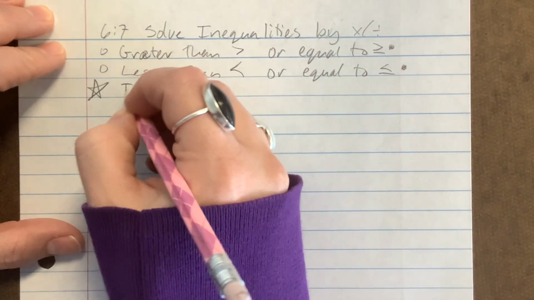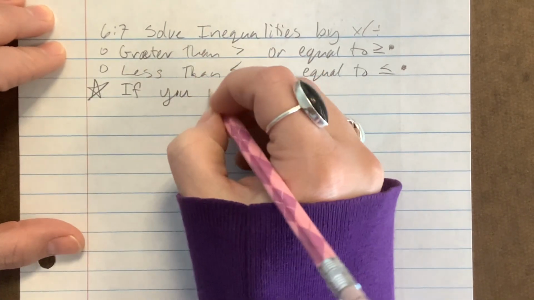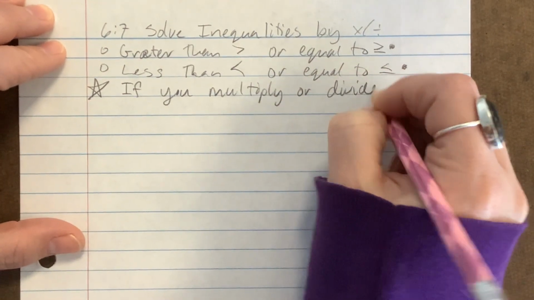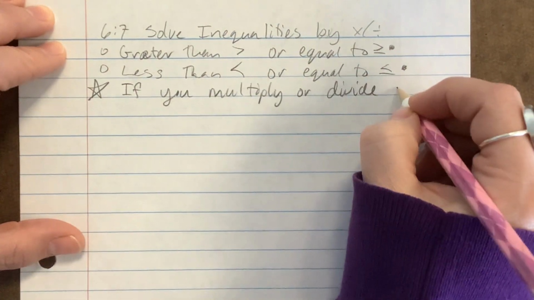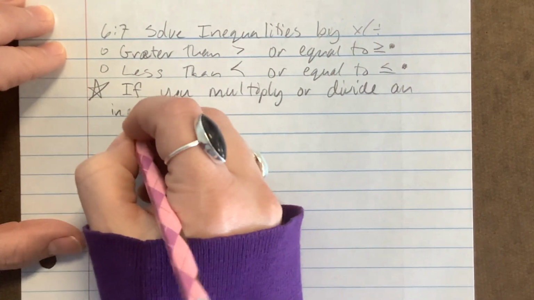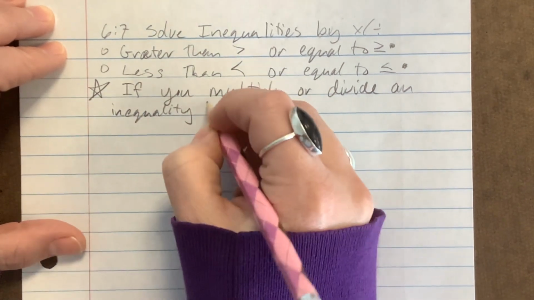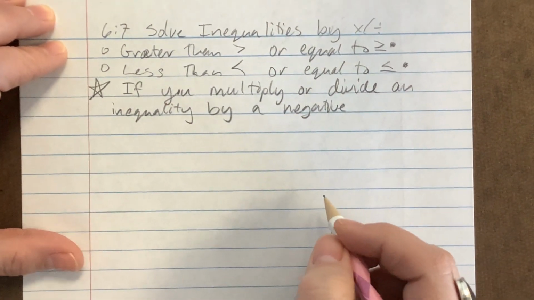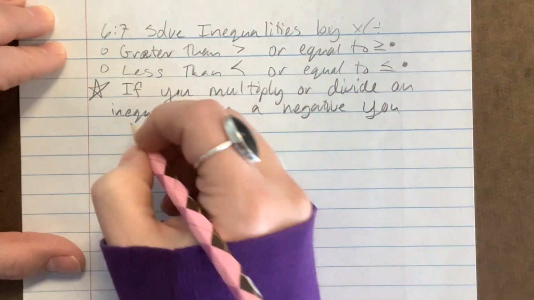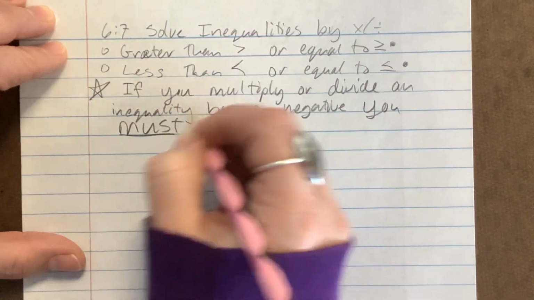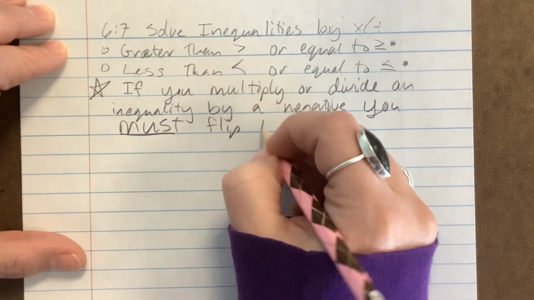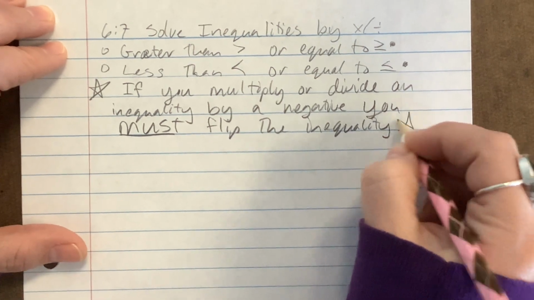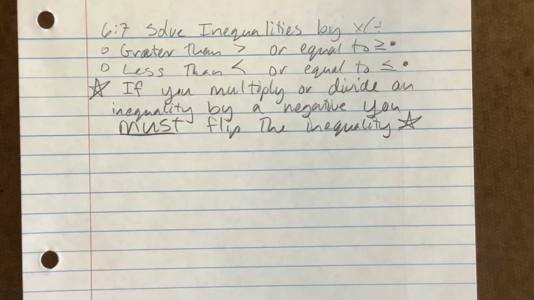If you multiply or divide an inequality by a negative, you must flip the inequality. Okay, it switches direction. This is like the most important thing.